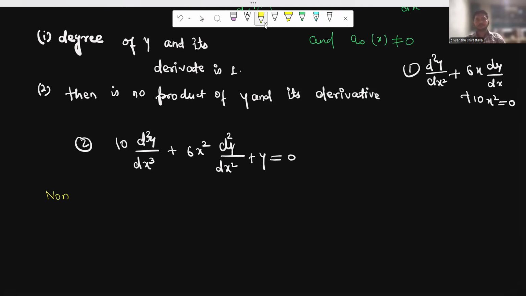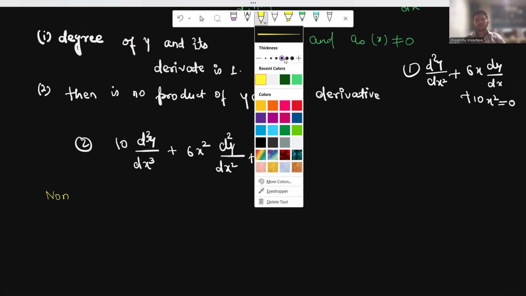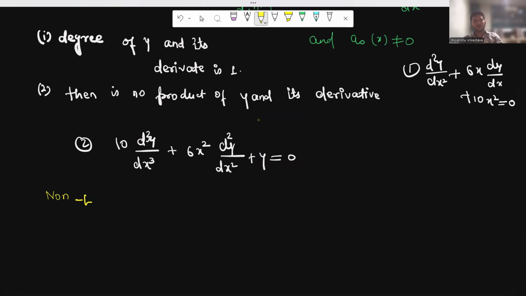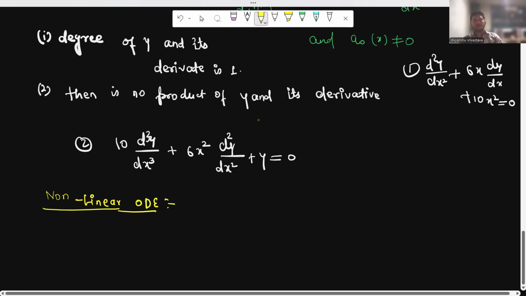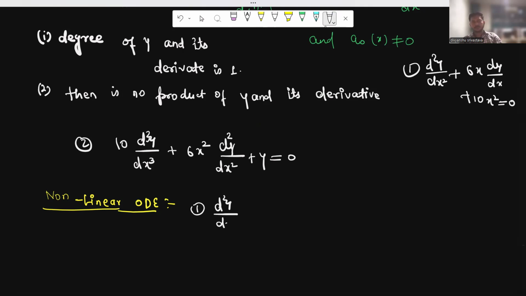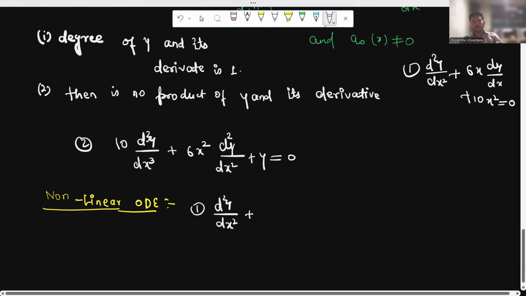An example is: d2y/dx^2 plus 6y dy/dx plus 10y^2 equal to 0.